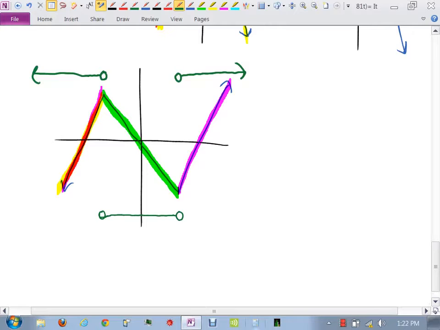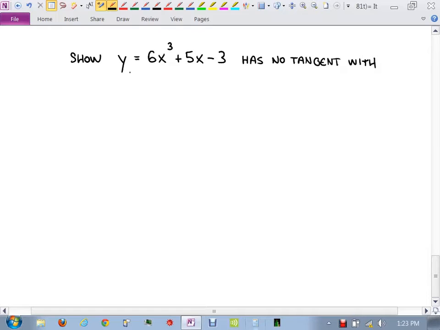Number 39 on 2.3 says, show that the curve y equals 6x cubed plus 5x minus 3 has no tangent with a slope of 4. No tangent with a slope of 4.